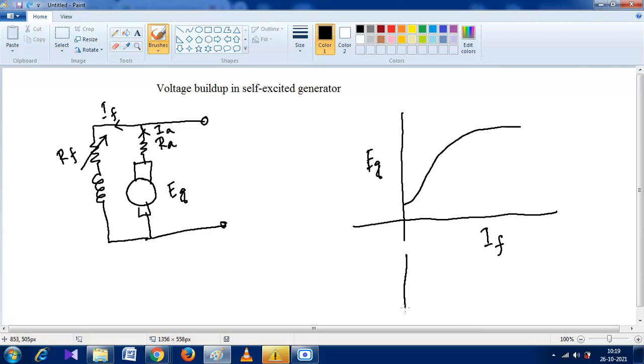And suppose we make a graph of resistance. How will it look? This is IF, because IF is flowing through the field.